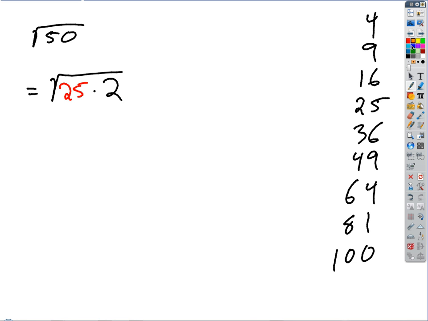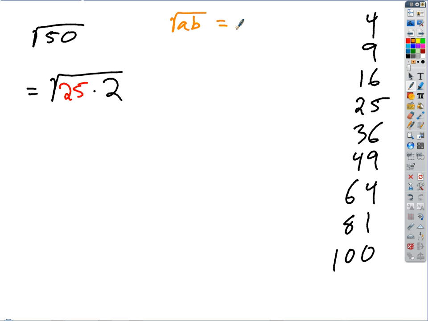Now there's a property of radicals that we're going to use. The property says the square root of a times b equals what? What can I do if I have the square root of a product? How can I rewrite this?